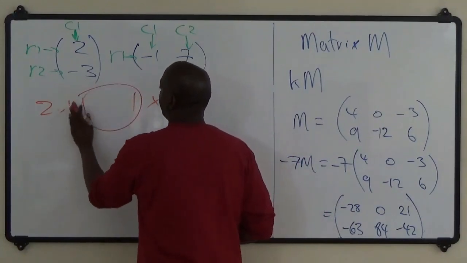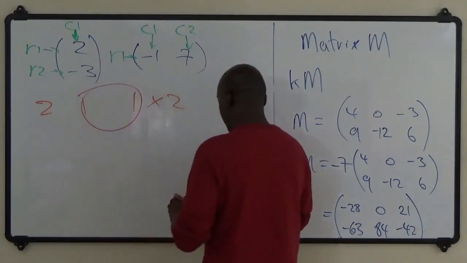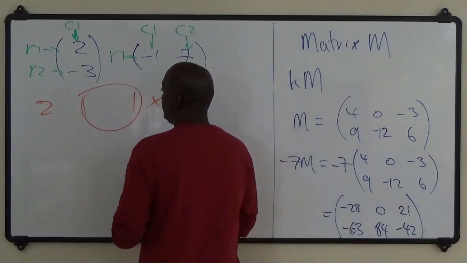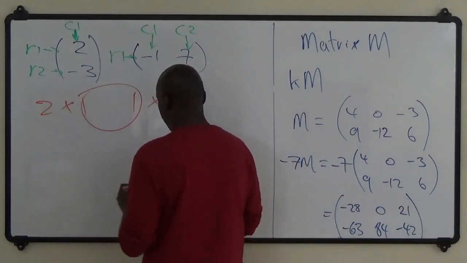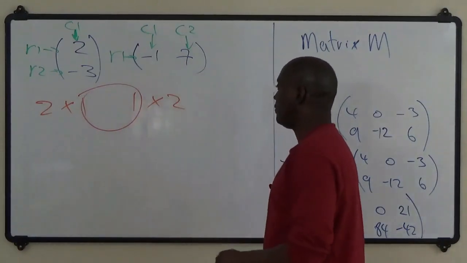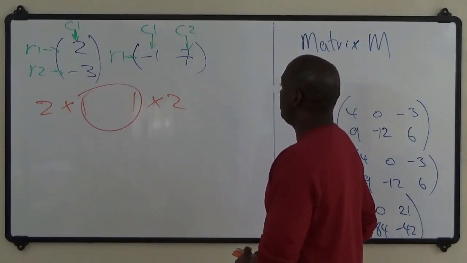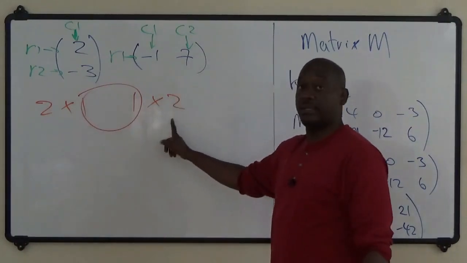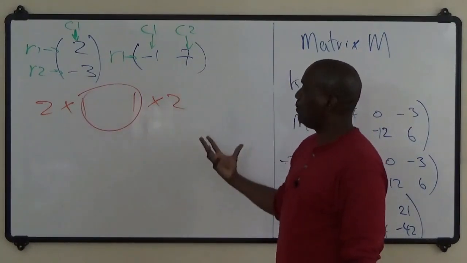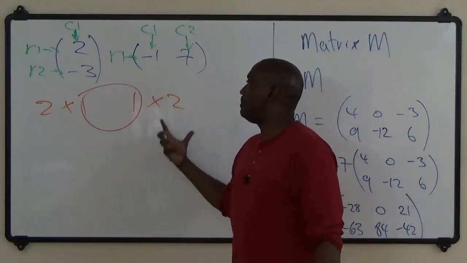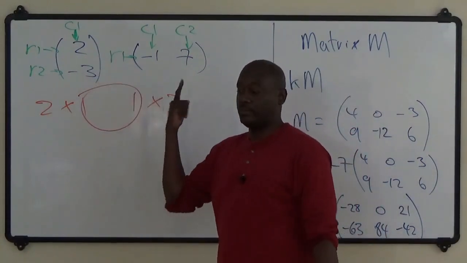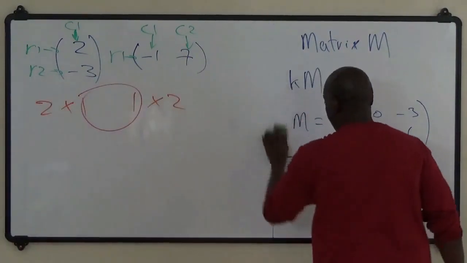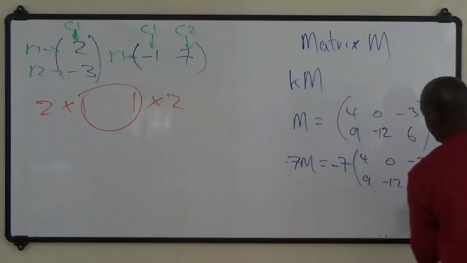We verify that the number of columns in matrix A is equal to the number of rows in matrix B, and therefore these two matrices are compatible for multiplication. So we know therefore that the matrix C, whatever that turns out to be, will be a 2 by 2 matrix. Now how do we get a 2 by 2 matrix from the combination of a 2 by 1 by a 1 by 2? All right. Well, let me see.